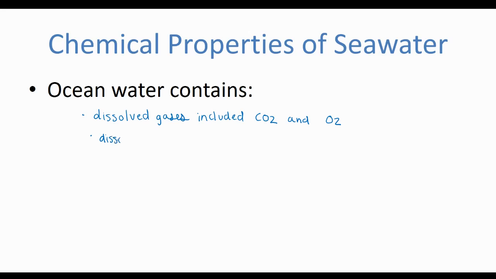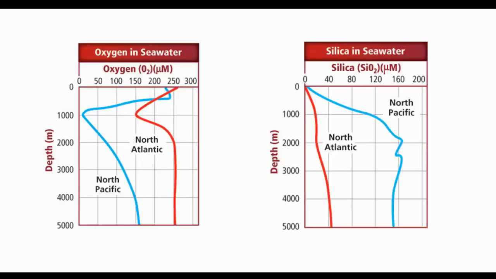It also contains dissolved nutrients like nitrates and phosphates. Levels of dissolved gases and nutrients in seawater vary by location and depth.